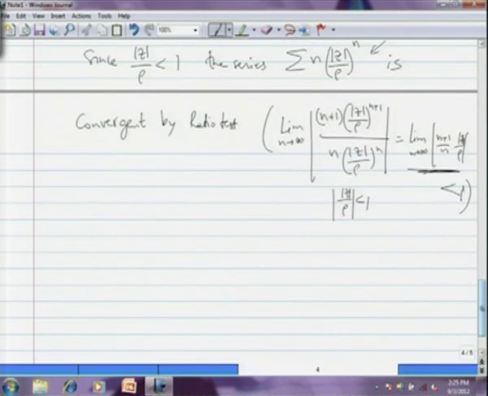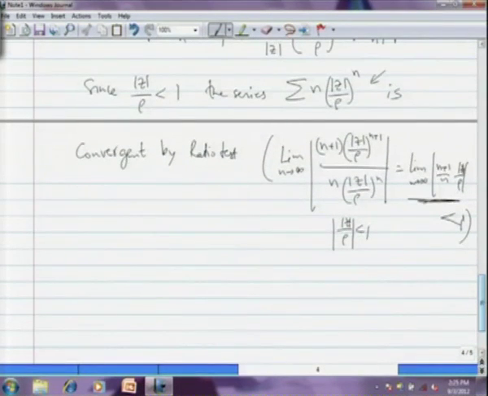So, we will use a property which we saw in the last session, that if a series converges absolutely, then every term in that series is bounded by some constant.